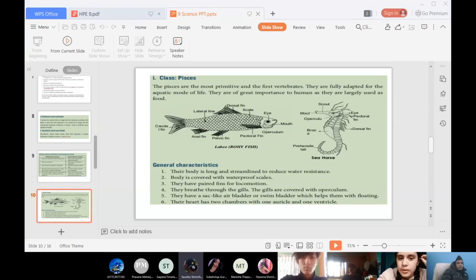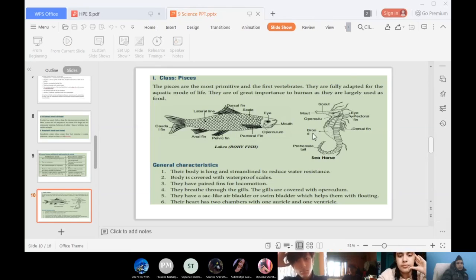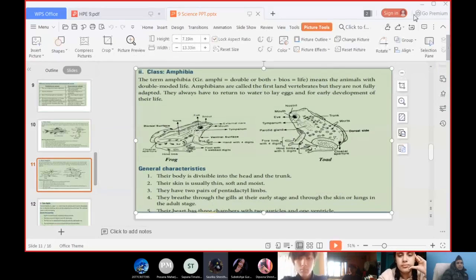Students say the screen is not seen and still shows Pisces. Okay, if not seen, then I'll share the screen once again.